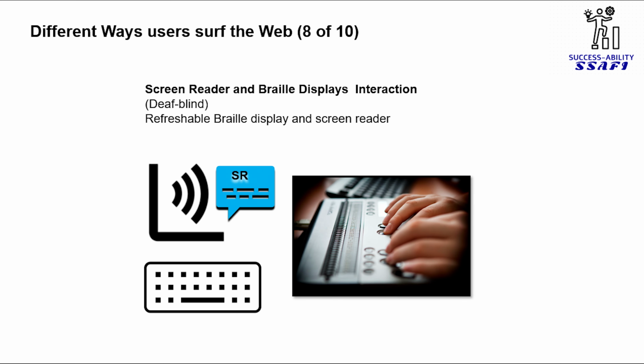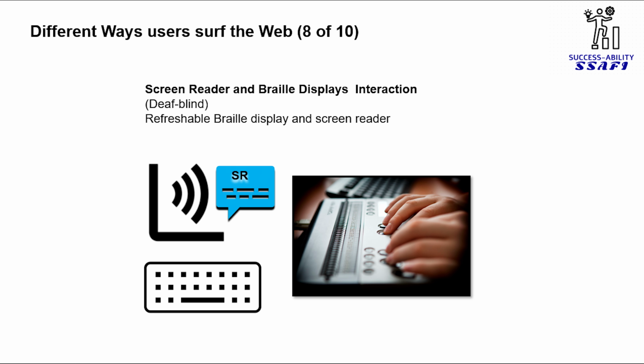The eighth web user group includes individuals who are deaf-blind or visually impaired. They use refreshable Braille displays to convert on-screen text into Braille characters, allowing users to perceive web content and interact back with it through touch.